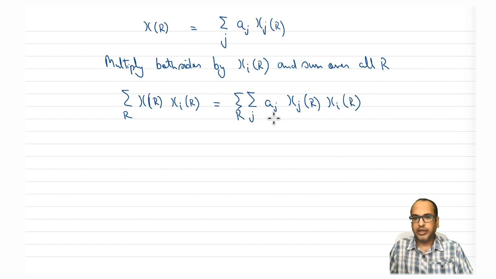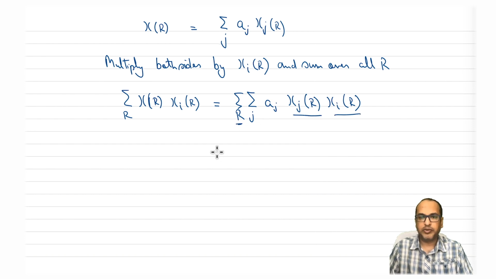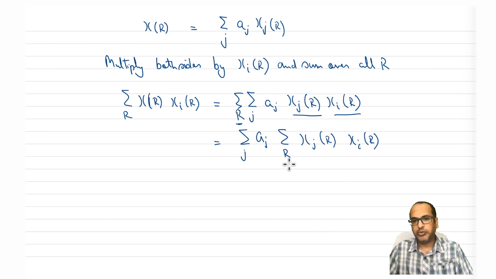Now let's see what we have here. We have this term, and we have this. We can always take AJ out of the summation over R, right? So I can say summation over J, AJ, summation over all R, chi J R chi I R. Now this is a familiar figure from the third property of GOT, which we have discussed already.